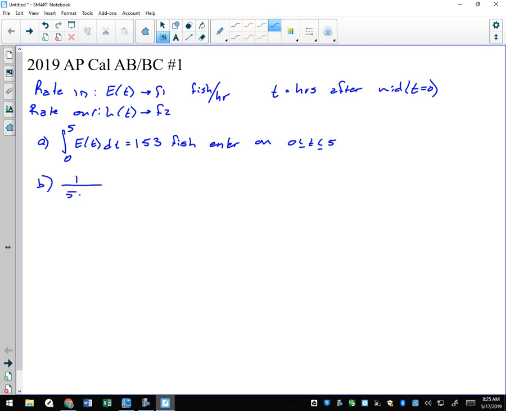So 1 over 5 minus 0, 0 to 5. And it's average number of fish that leave per hour. So yeah, this is right. So we are leaving at L of t dt. So this integral right here will give you the number of fish that left, and then we'll divide it by the 5 hours to get the average number per hour.